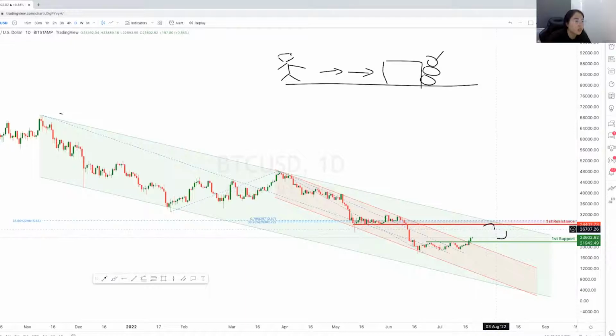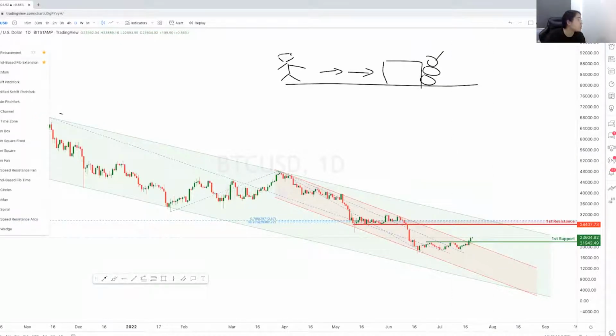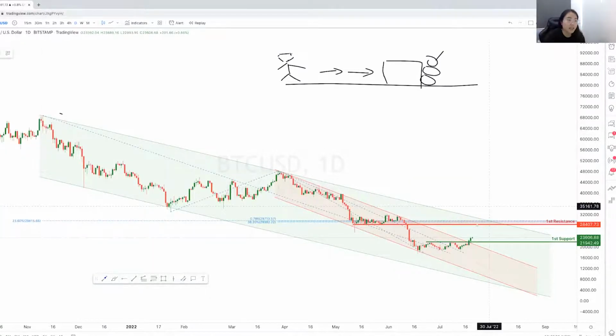Okay, cool. So let's do this one first, where we're looking for a sell entry from here, from our first resistance to our first support. Why the first support? Because price is always attracted to key levels. So let's say Bob breaks this door open, he goes into the next room.